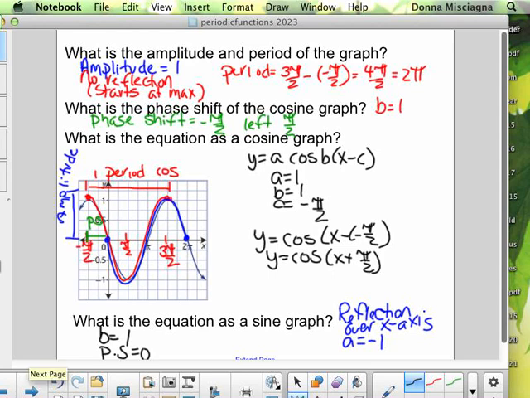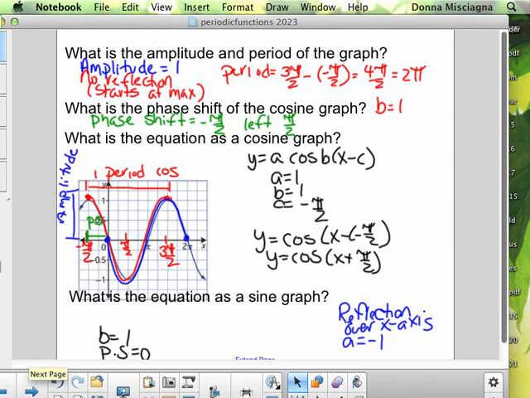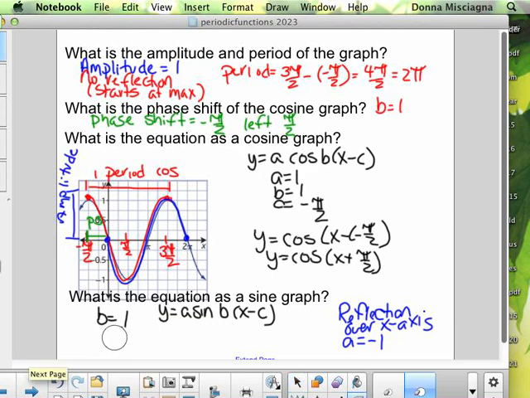So this equation would be y equals a sine bx minus c, but we don't need a b of 1, and let me be consistent and put c equals 0. So c is the phase shift. I abbreviated it as ps on the graph so you could see it, but in our equation it is represented with a c.